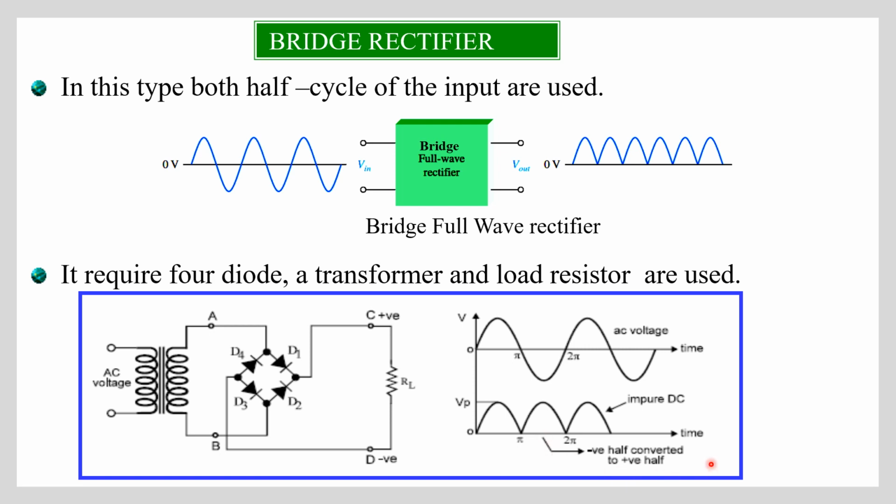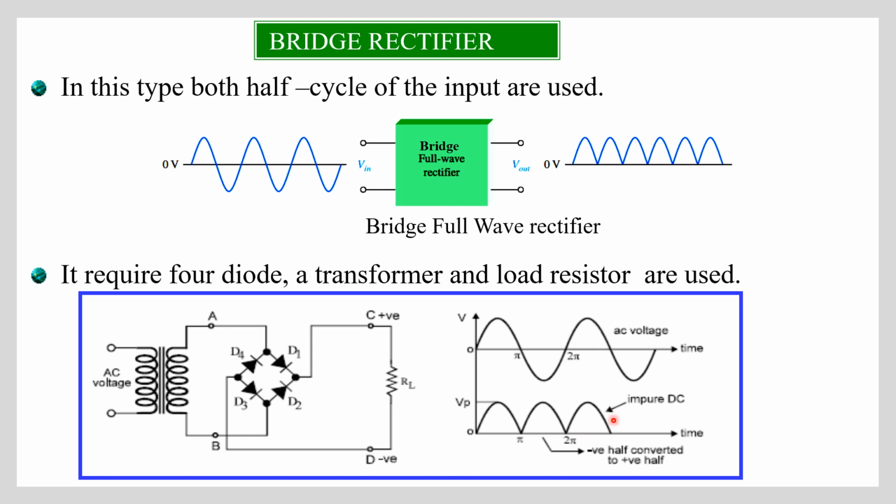So the negative half is converted to a positive half cycle. So bidirectional AC is converted into unidirectional DC. But this DC is impure. It consists of ripple.